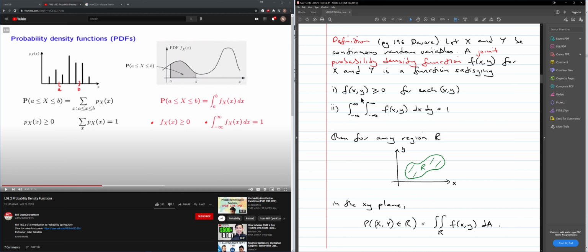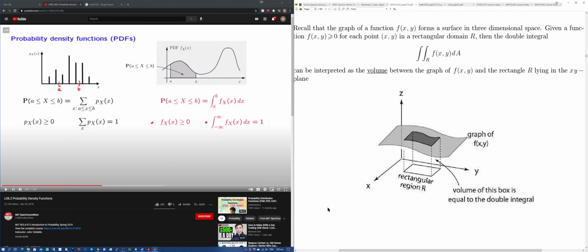Likewise, your joint PDF, the function of x and y, is going to be bigger than or equal to 0. In other words, the graph of your joint PDF is going to lie above your xy plane.